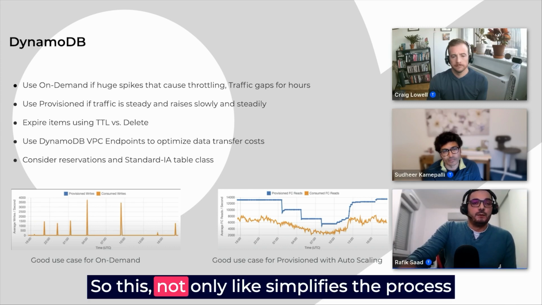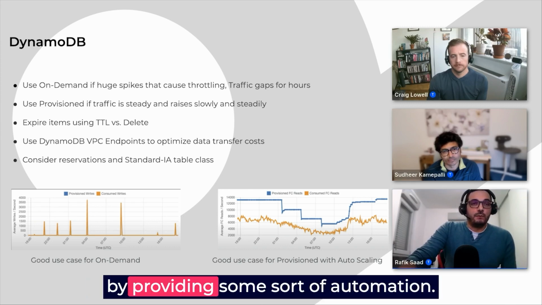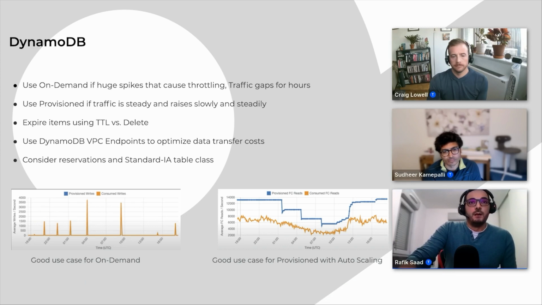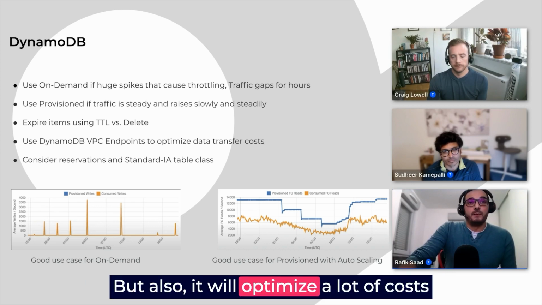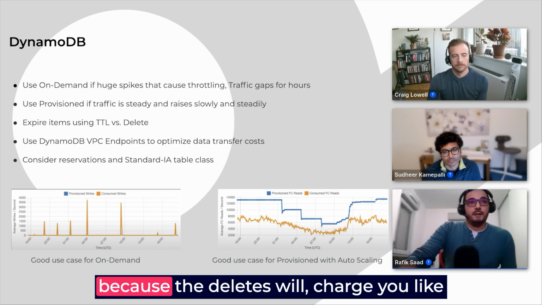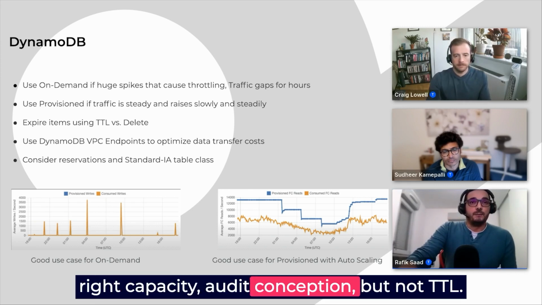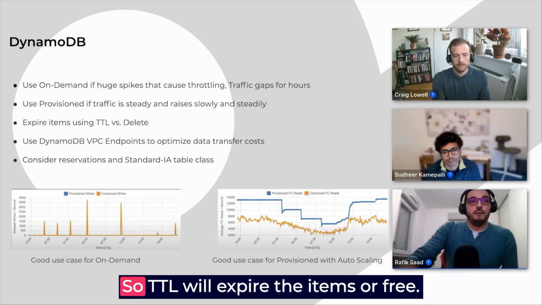So this not only simplifies the process by providing some sort of automation, but it also optimizes a lot of costs because the delete will charge you write capacity units, but not the TTL. So TTL will expire the items for free.